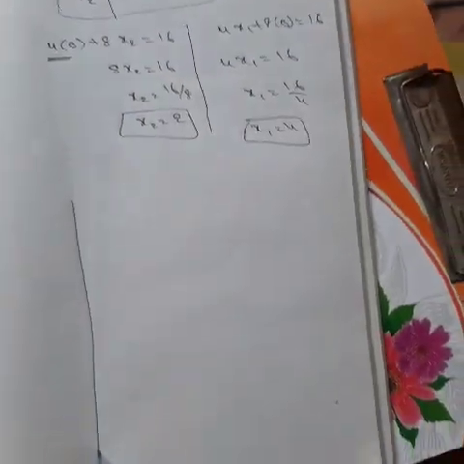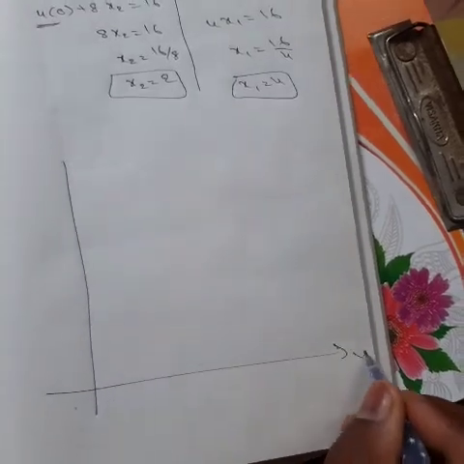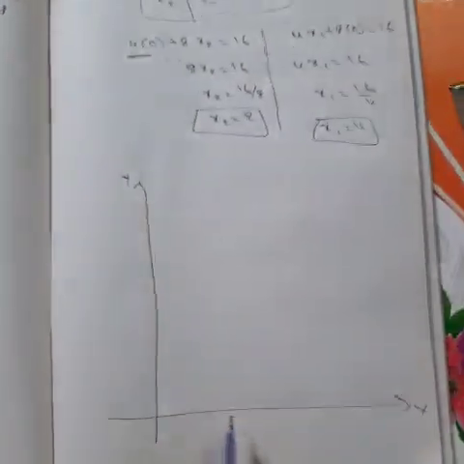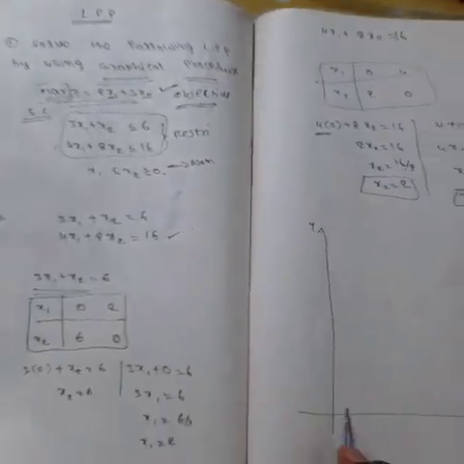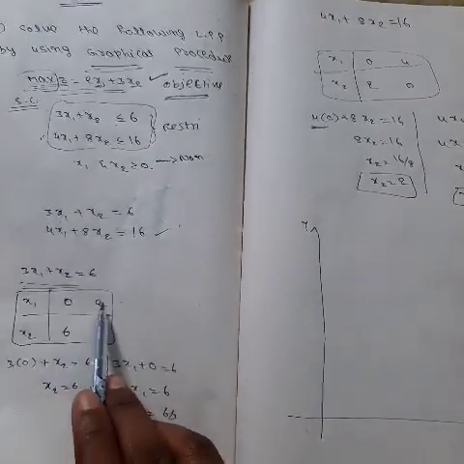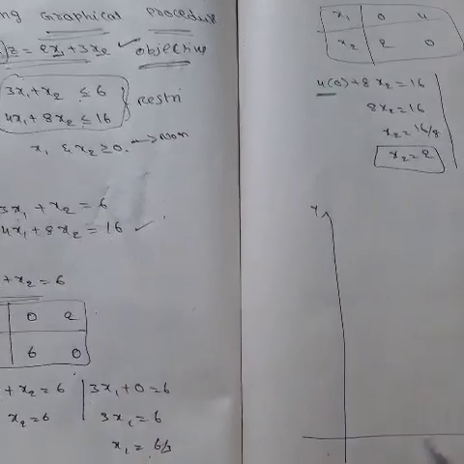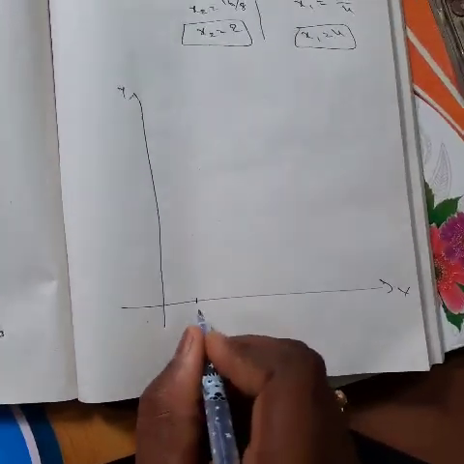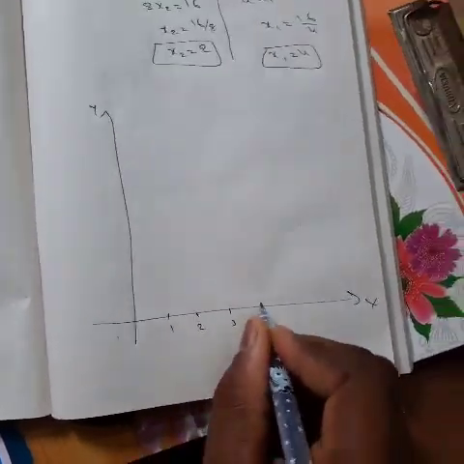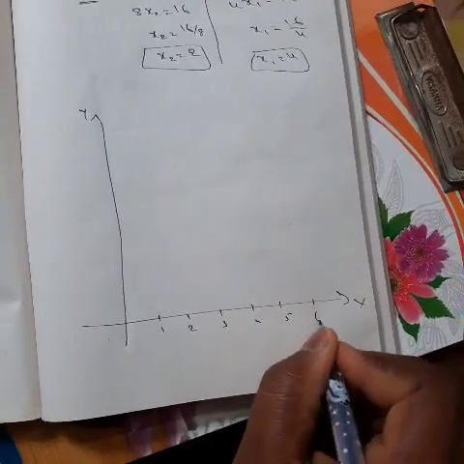So next, plot these values in the graphical form. X-axis, y-axis. The maximum values of x1 are 4 and 2, and of x2 are 6 and 2. So consider the values as 1, 2, 3, 4, 5, 6.